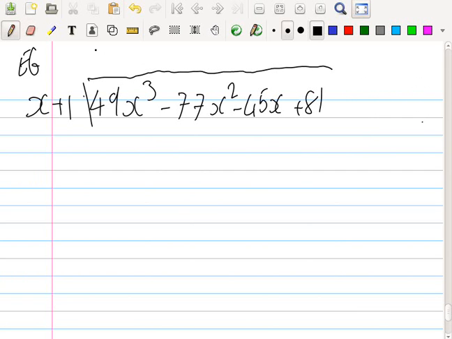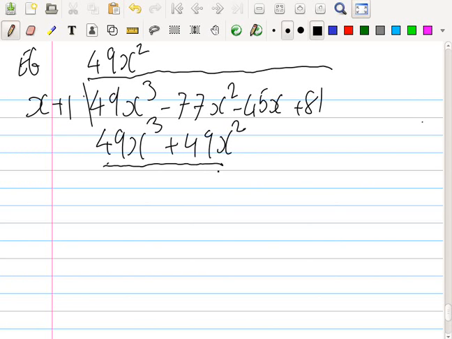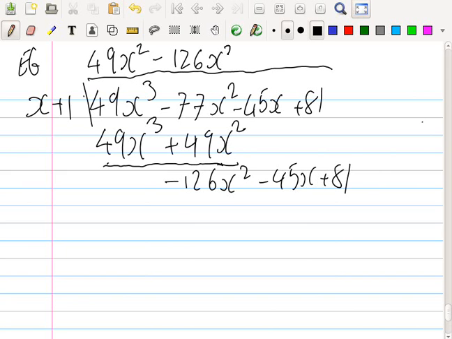So, up here I get 49x squared, so that's 49x cubed plus 49x squared, and then I subtract minus 77 minus 49. What's that? 50, so minus 126? Yep, alright. Minus 126x squared, carry those down. Next number is minus 126x squared.